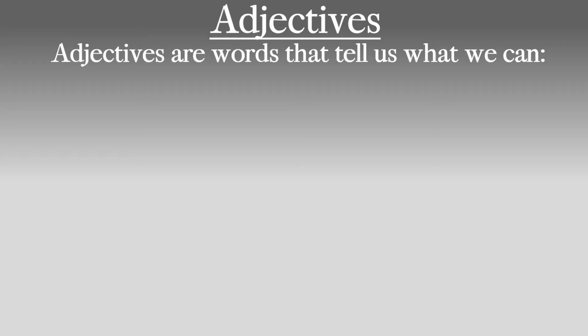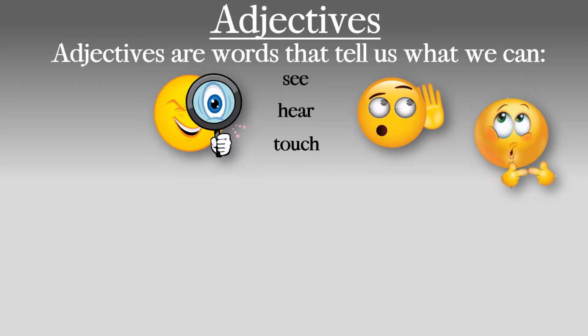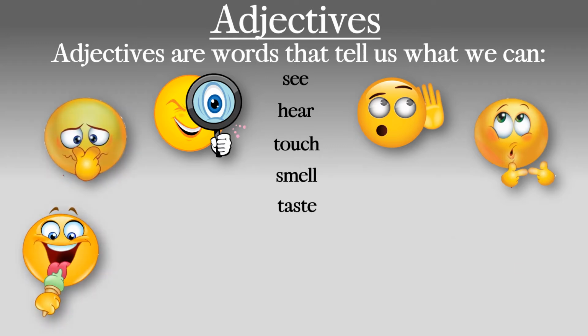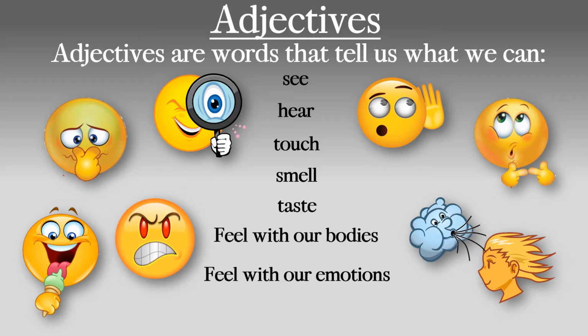They tell us what we can see, hear, touch, smell, taste, feel with our bodies, and feel with our emotions. These are emotions, okay? We can talk to people and tell them about these different things using adjectives.